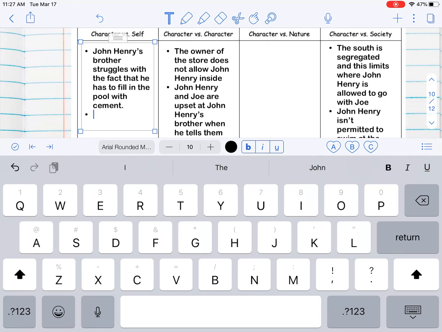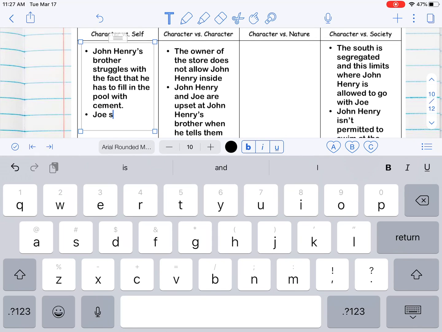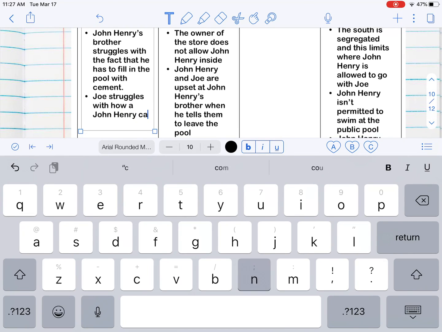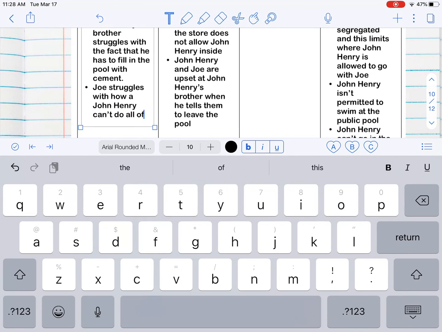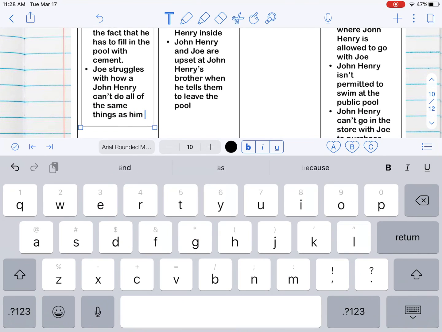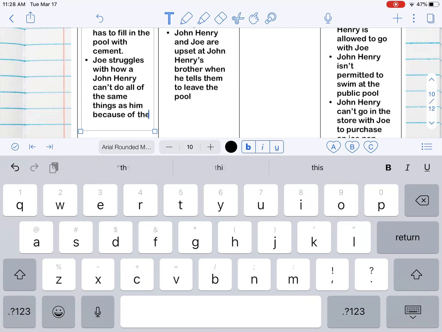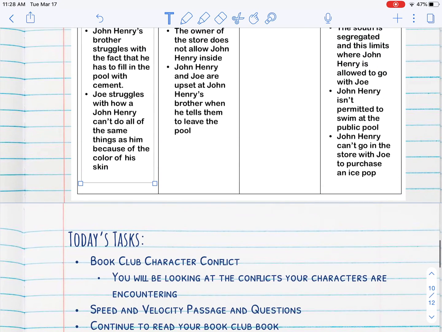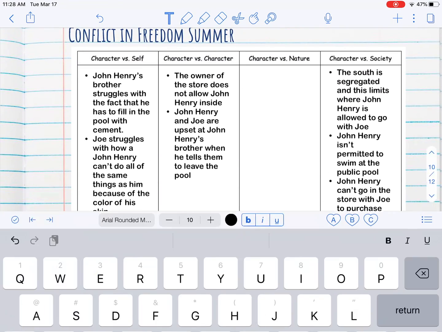So those are those characters versus self struggles. Just like throughout the book, Joe struggles with how John Henry can't do all of the same things as him because of the color of his skin. So that's that struggle internally that Joe is having throughout the story.